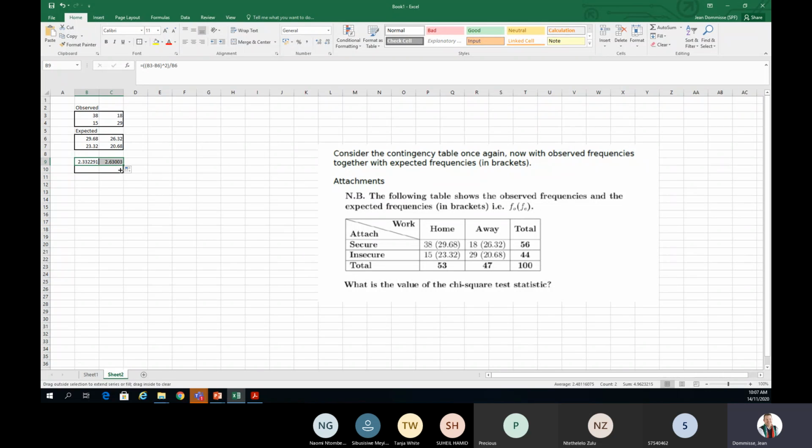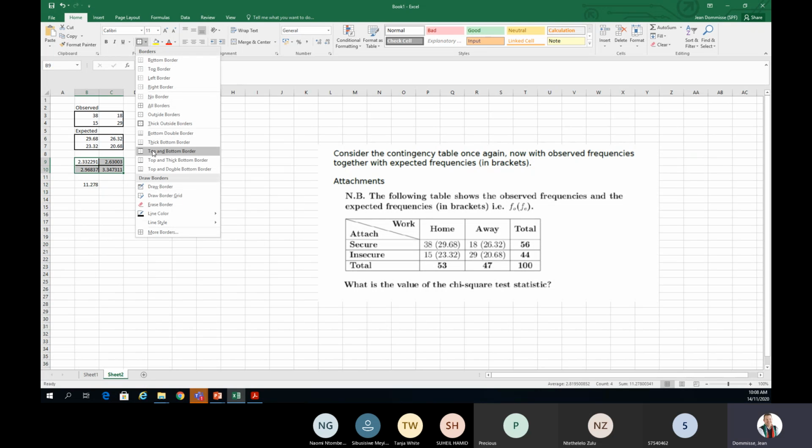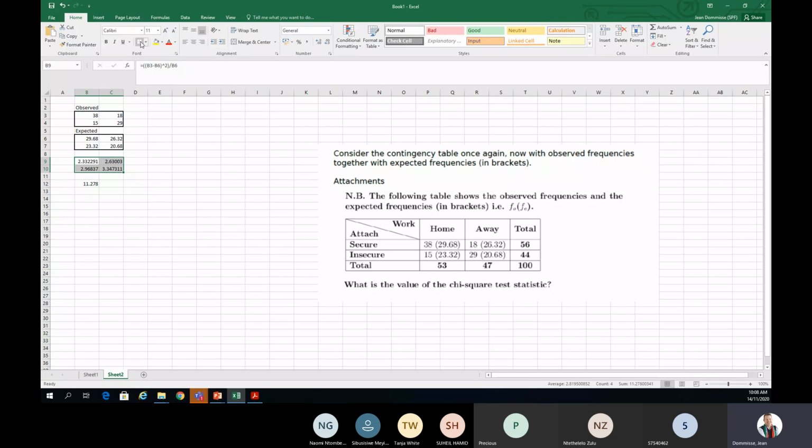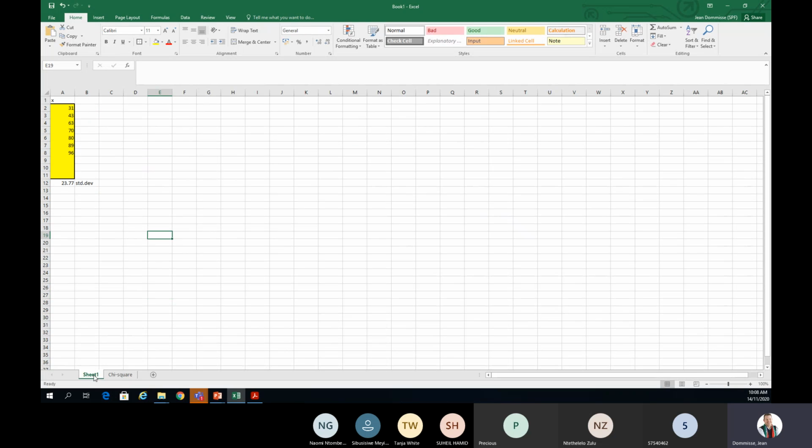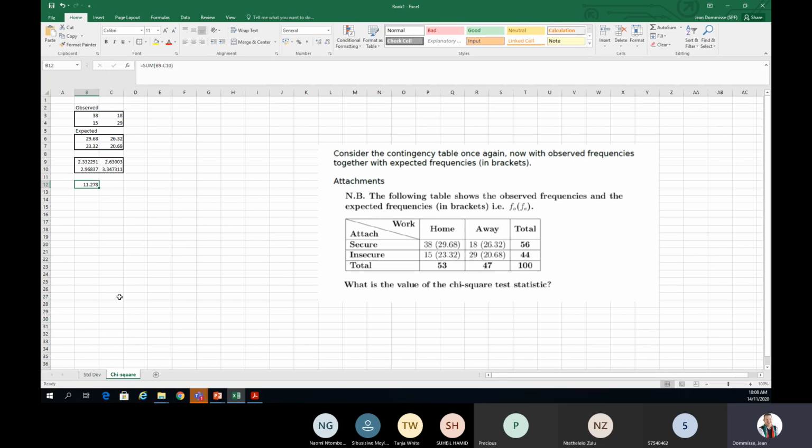So this formula is actually now working that out. So that's why I love Excel. It's actually very simple for me to use it. So please, this was chi-square. So I'm just making sure that you can use it. This one was a standard deviation. Okay. So that you can use it in the exam as well. So 11.278. Where was that?